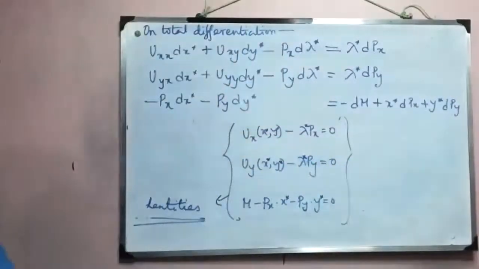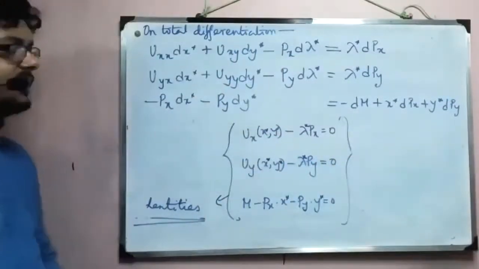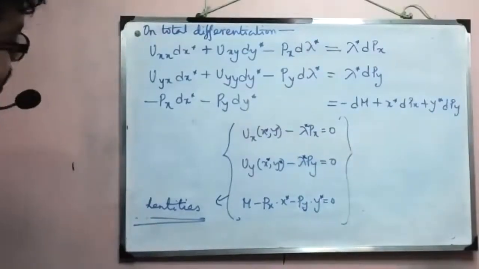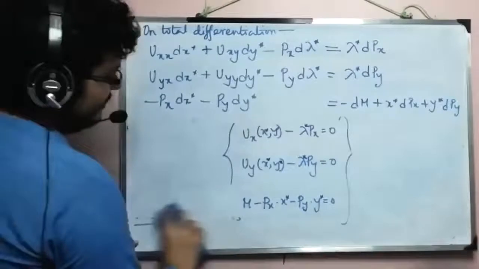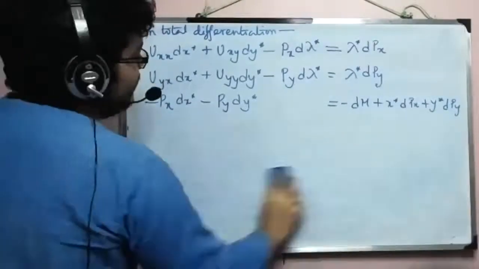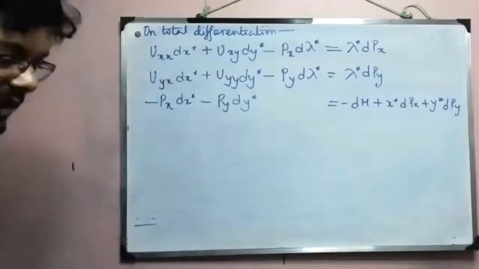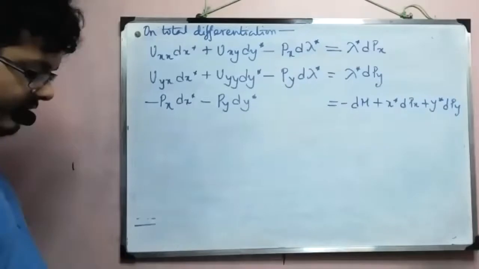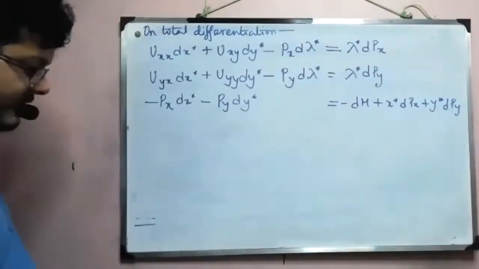Okay, so let's just take a pause and let's look at the differential equations that we have written here. They are obtained from differentiating the first order conditions at optimum. Okay, so now what is the next step?